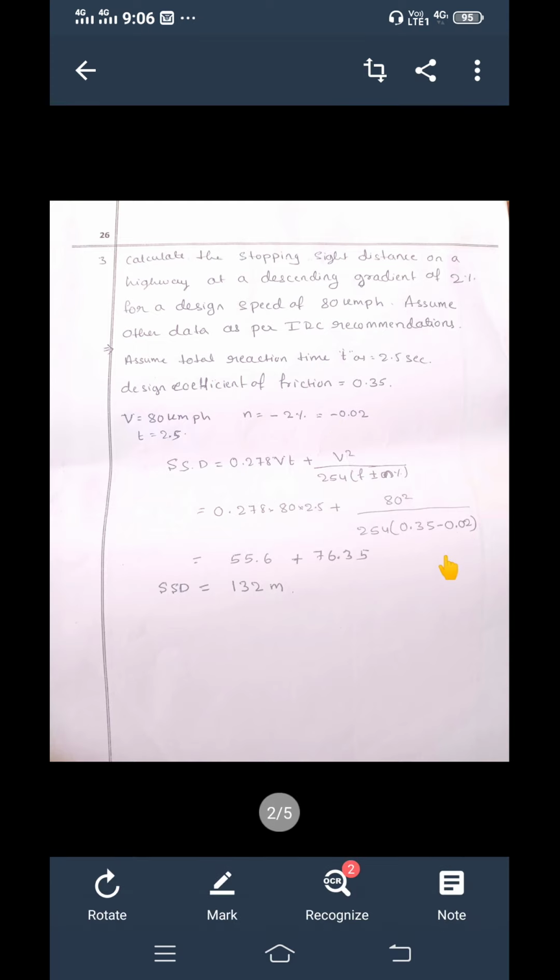This is the numerator, this is the denominator. When your denominator is more, you will get a lesser distance, whatever value you get in meters.